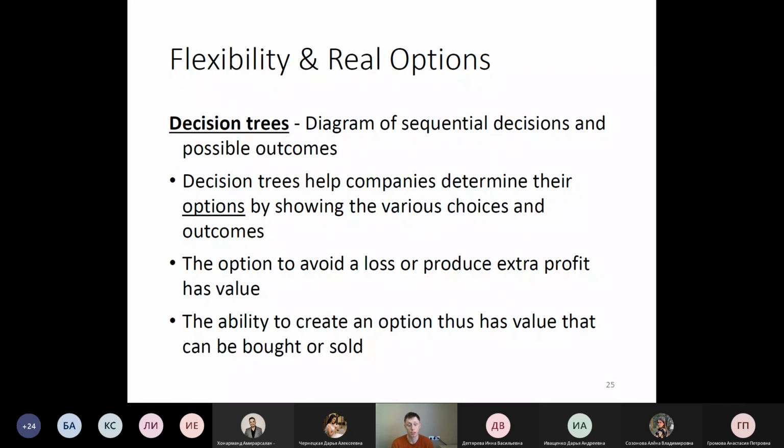Decision tree is a way of presenting a sequence of decisions or points of uncertainty, and it is good that it allows the company, it is a tool of strategic planning.